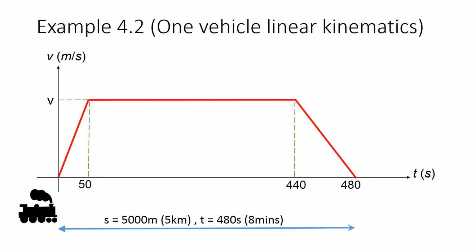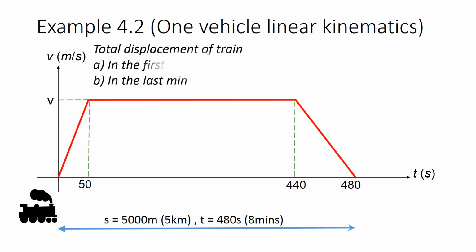And finally, the question asks us to find the distances traveled in the first minute and the last minute of the journey. The first minute refers to the first 60 seconds along the VT graph, and vice versa, the last minute refers to the last 60 seconds of the 480 seconds time frame.